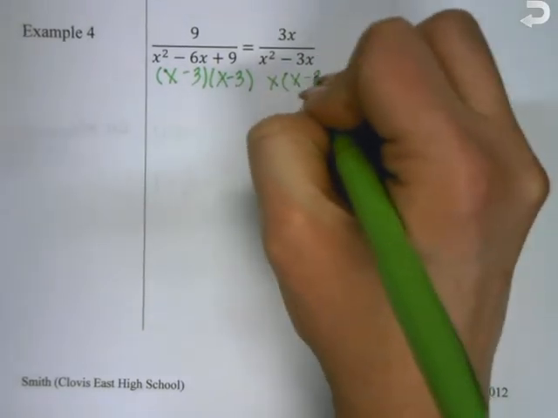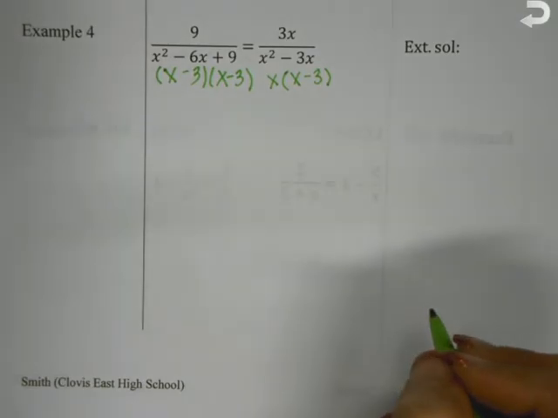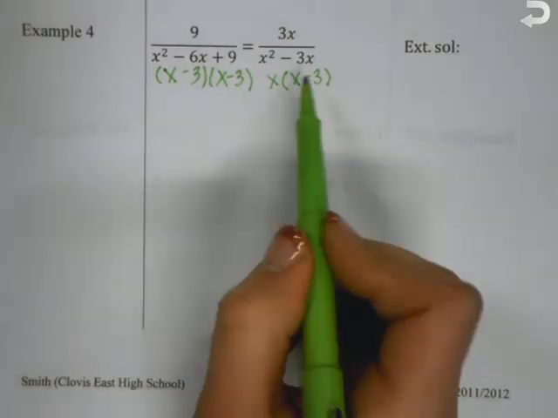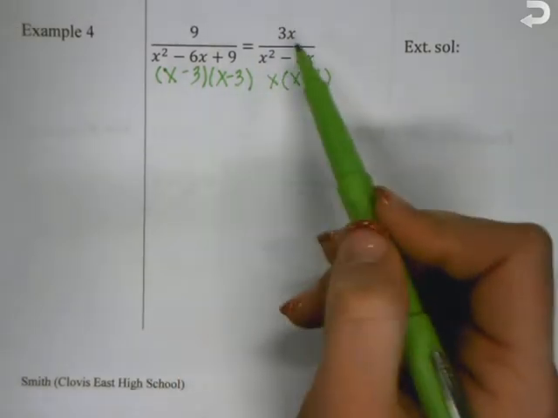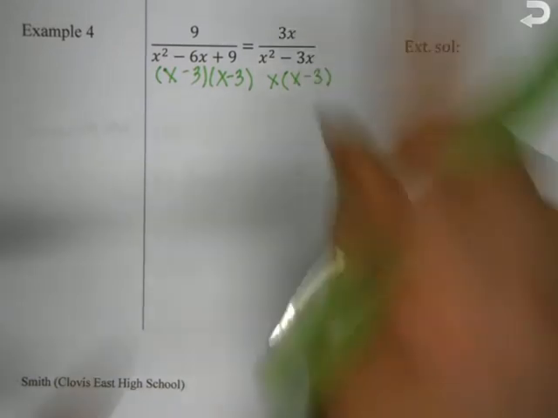Okay. Now we're just doing this right here to check some things. We can't really cancel anything out because that would get rid of one of our answers, which might end up being an extraneous solution. So let's do our cross multiplying here.